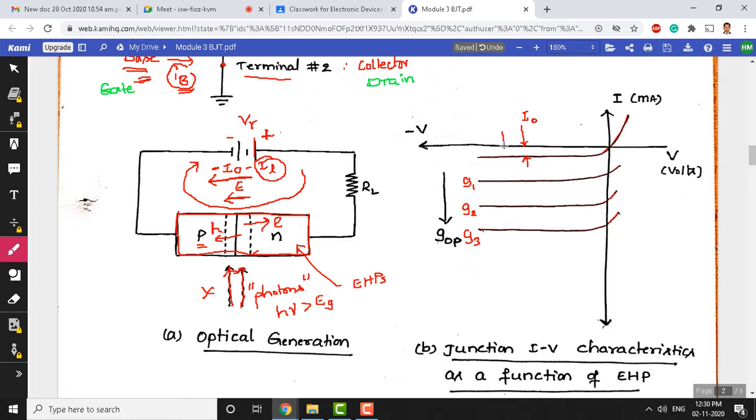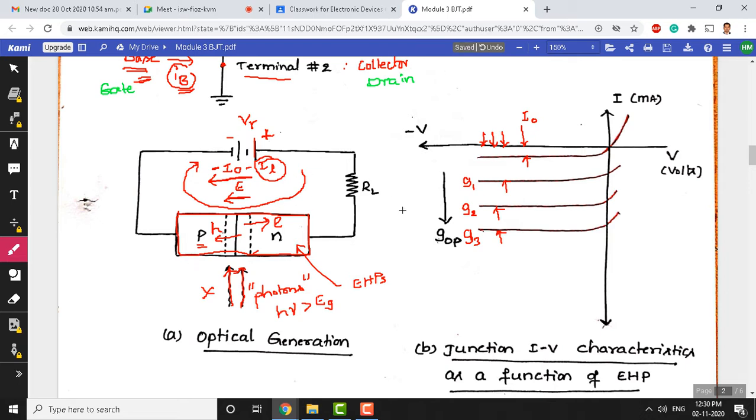This is the amount of current that flows due to optical generation rate G1, and if you further increase it, this is the current that flows for G2. Next, due to the increased intensity G3, the optical generation rate increases, and this is the level of current that flows within this photodiode.